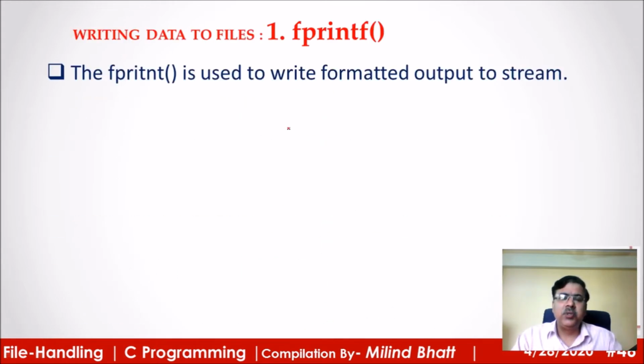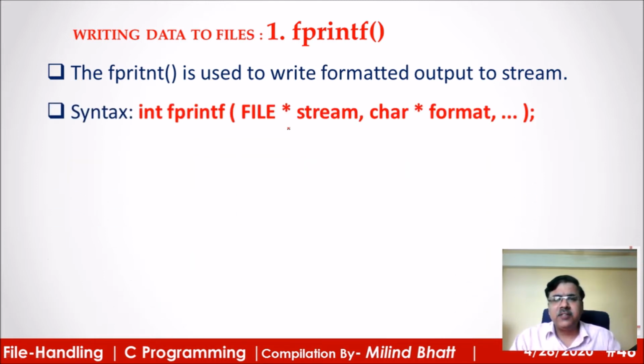The fprintf statement is used to write formatted output on a stream. What does stream mean? Here our stream is a file. The syntax for writing is int fprintf(FILE pointer stream, character string format).